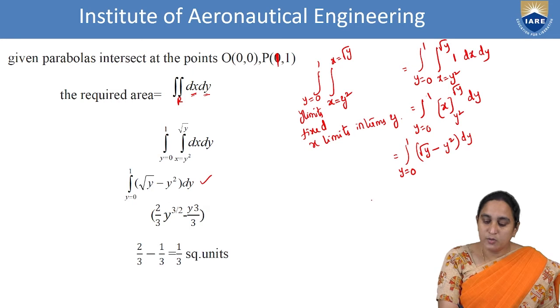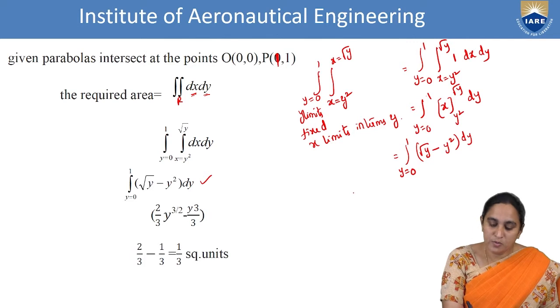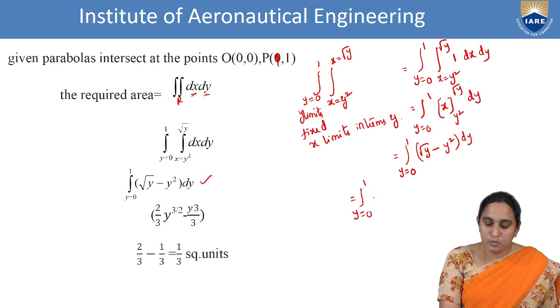From that, now after substituting the limit points of x, the function is completely changed in terms of y. Now integrate with respect to y. How will we integrate that? The integral of y from 0 to 1, root y means y power 1 by 2 into dy, minus the integral of y from 0 to 1 of y squared dy.